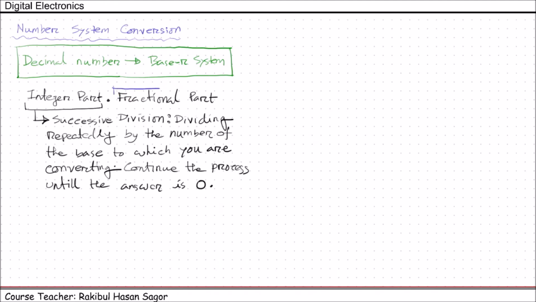Now, how to convert the fractional part? For the fractional part, we need to employ successive multiplying.